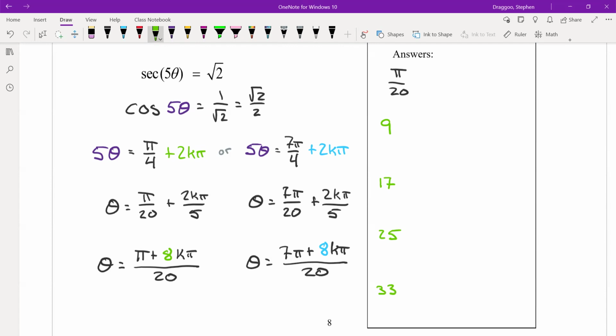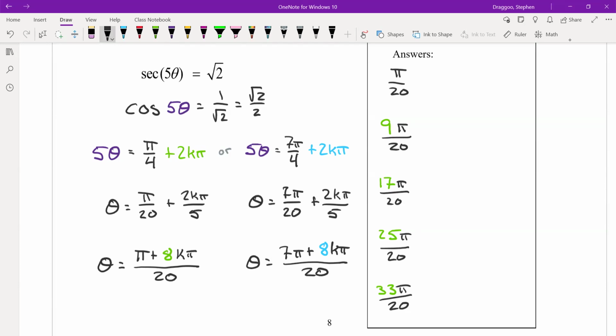Those are the coefficients in each of my numerators. So just fill in the rest: 9 pi over 20, 17 pi over 20, 25 pi over 20, and 33 pi over 20. Those are the first 5 solutions from the green equation.